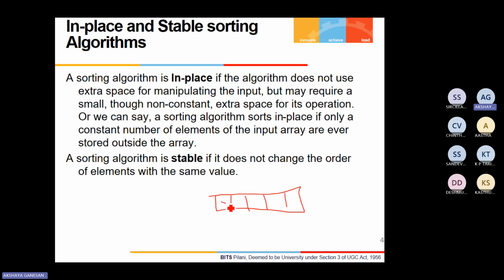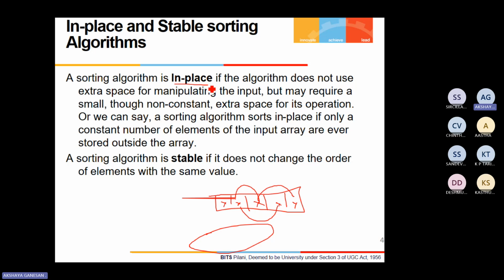It has some numbers. I want to reorder these numbers, that's all. So I have to put this here, maybe put this here, put this here. That's how we order. If it changes internally among itself without taking any additional space or memory, that is called an in-place sorting algorithm.